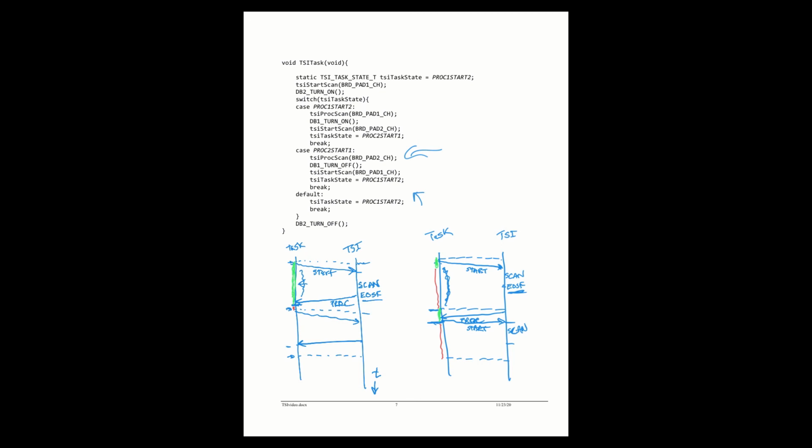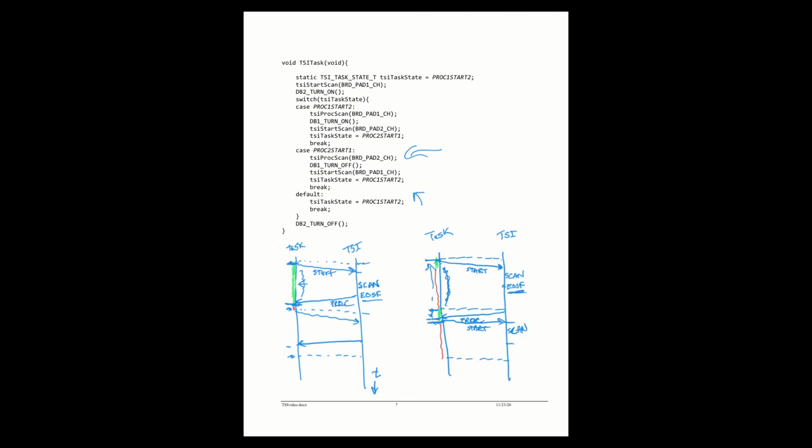Okay, now the overall delay between the time we start a scan and process this and get the value of the scan, here the delay is from here to here, and so that's smaller than our time slice. Here the delay is from here all the way down to here, so you can see it's longer than a time slice. But that delay is usually not the issue, all right?